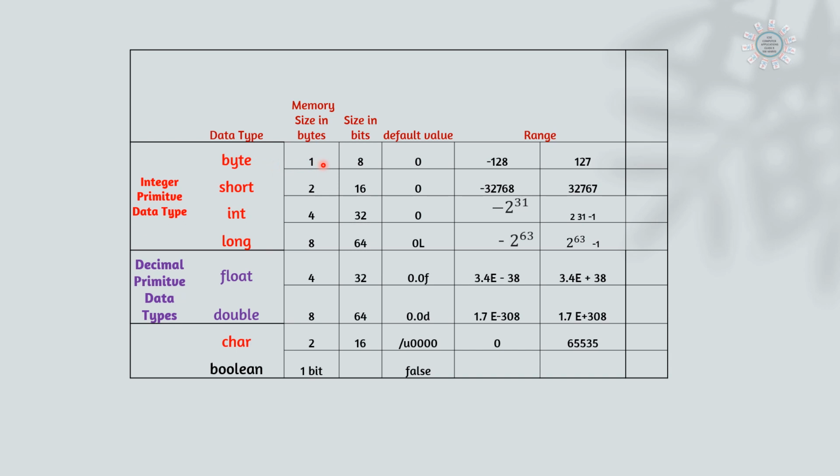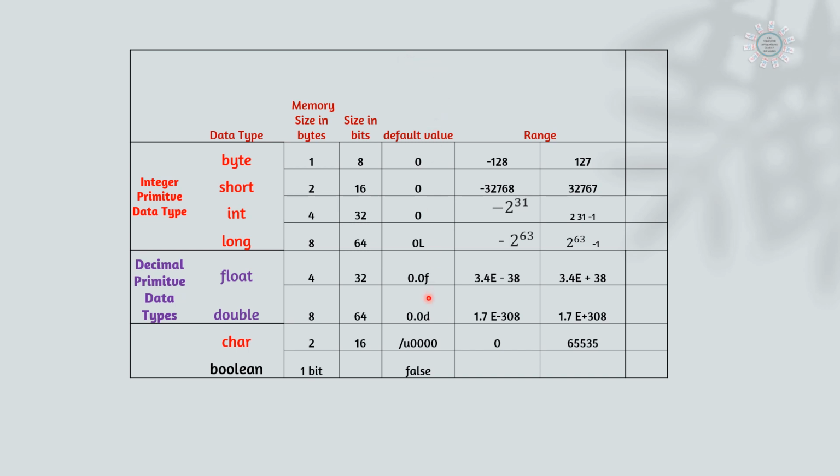So byte contains 1 byte, short 2 bytes, int 4, and long 8. So this you have to study. Float 4 bytes, double 8 bytes, char 2, and boolean 1 bit. So learn the memory size in bytes carefully, because this will be used in arrays also. We will do that later. If it is asked in bits, you can multiply the bytes by 8, so no need of studying it separately. Just study memory size in bytes, and read the question carefully, then only answer either in bytes or bits.